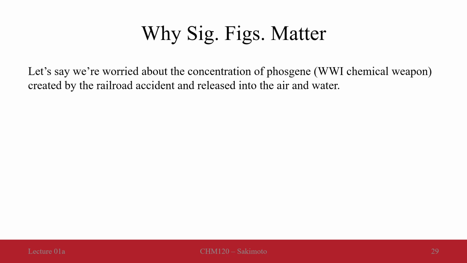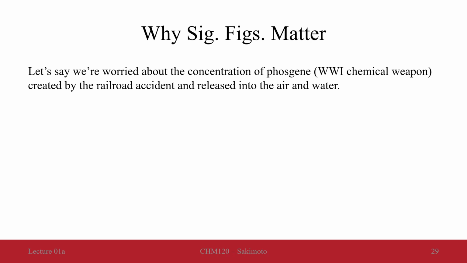Let's say we were worried about one of the compounds that was released in Ohio. In this case, it was a compound called phosgene. Phosgene is actually a World War I chemical weapon that has since been banned in war, but still appears in industrial settings from time to time.